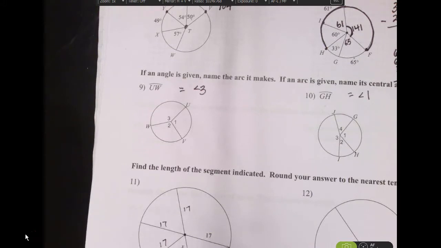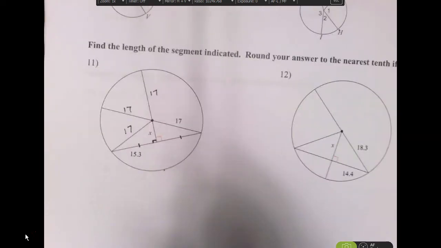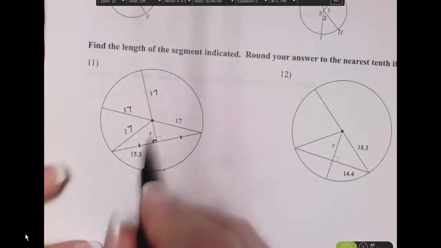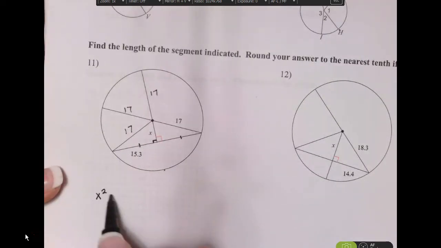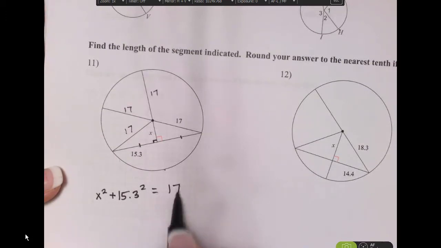In most right triangles, you can use the Pythagorean theorem to solve for a missing side, and that's what I'm going to do here. I'm going to say x squared plus 15.3 squared equals 17 squared. To get x by itself, I'm going to subtract 15.3 squared from both sides.